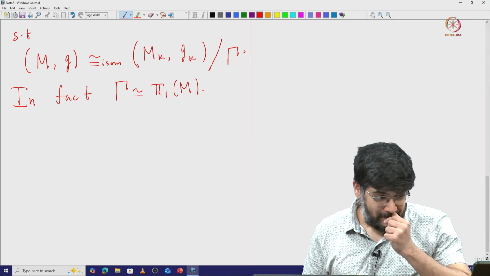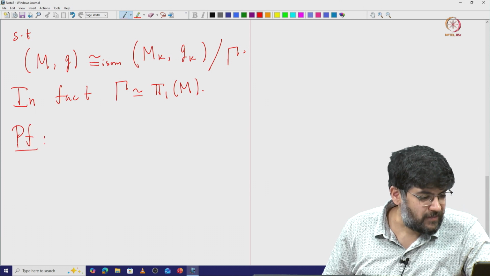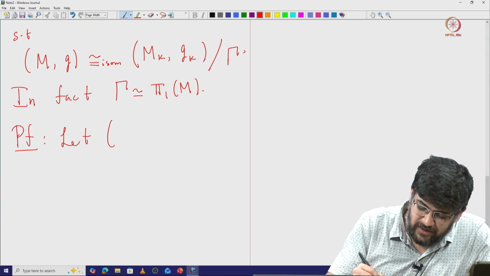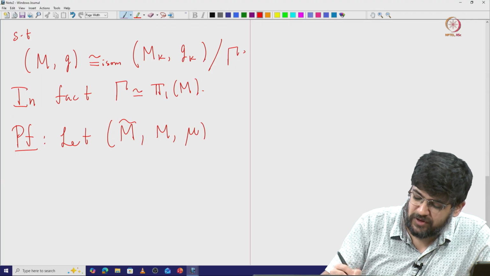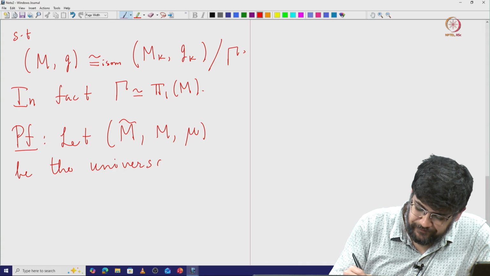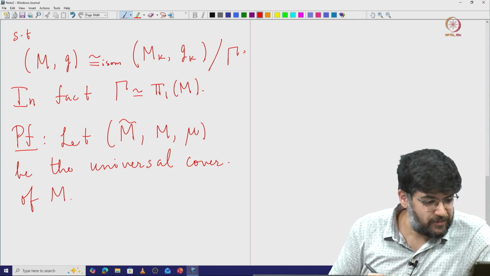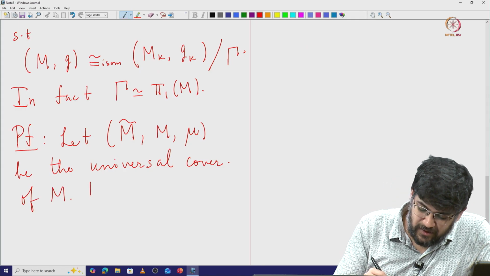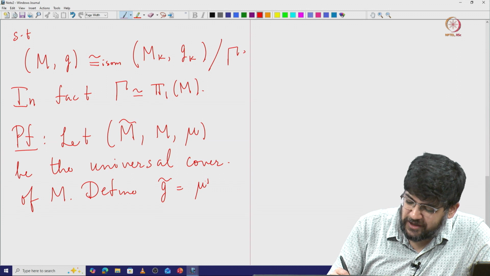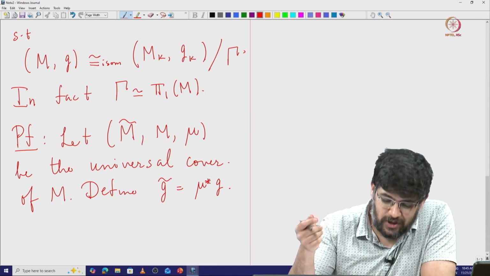Okay. So let me quickly prove this, assuming of course the uniformization theorem. So let M tilde be the universal cover of M. And we define g tilde to be simply the pullback. Because it is the universal cover, it is a cover, so it is a local diffeomorphism.